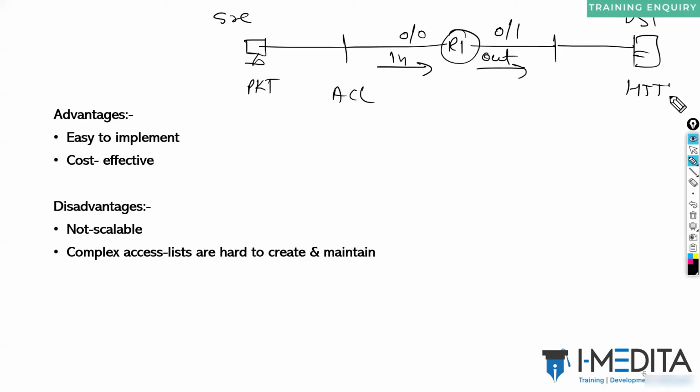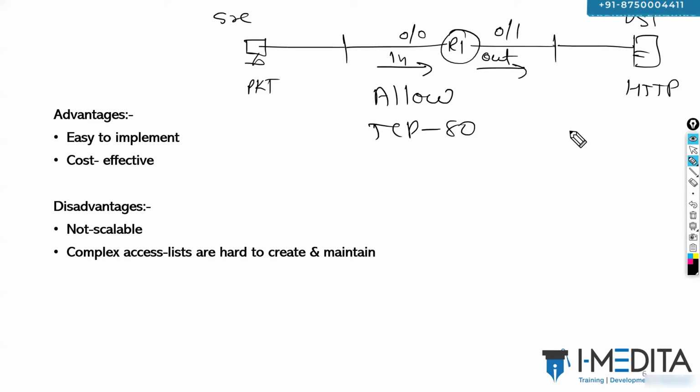If this server is an HTTP server, then we need to know that HTTP uses TCP port number 80. So we need to allow in the ACL TCP port number 80 so we can access our HTTP server. If this server is HTTPS, then we need to allow TCP port number 443.